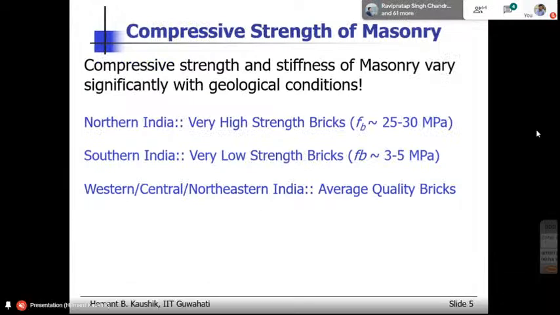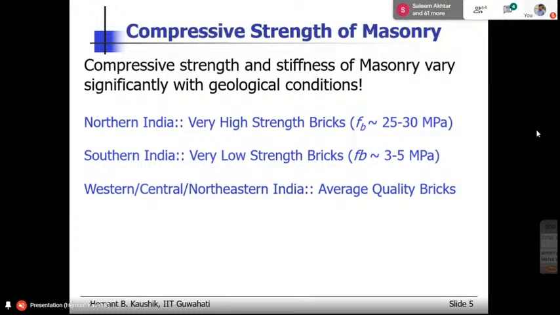So this is a variation of the compressive strength of individual brick units. This is not masonry, but individual brick units. The strength varies from 3 MPa to 30 MPa. In the northern part of India, it is relatively higher. 30 MPa bricks are very commonly found. In the southern part of India, getting even 5 MPa bricks is very difficult.